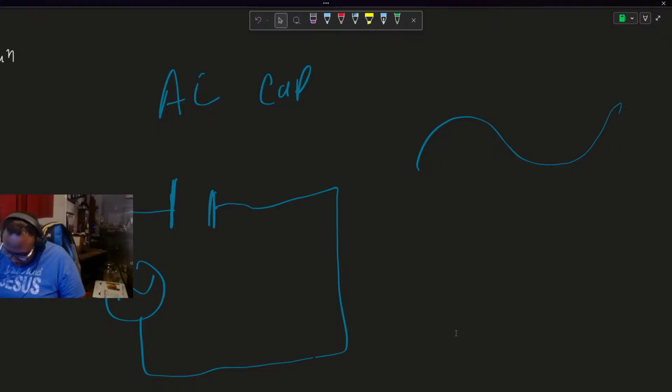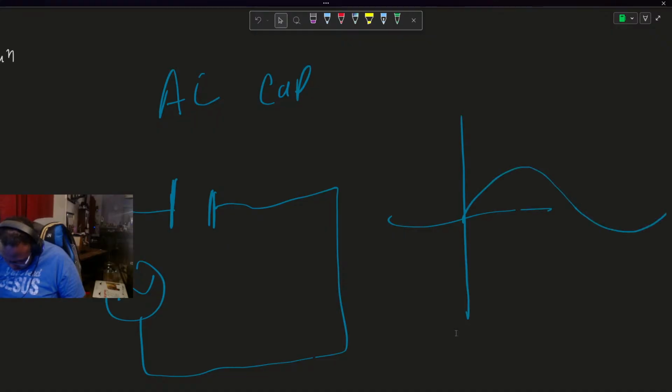So if I have a sine wave, it goes up and down.